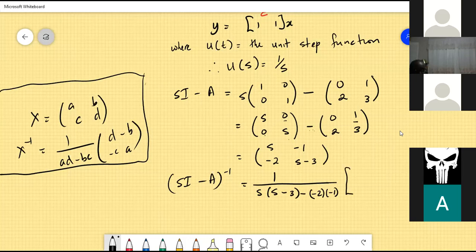Switch these around, s minus 3, s. Change the sign on the other diagonal.